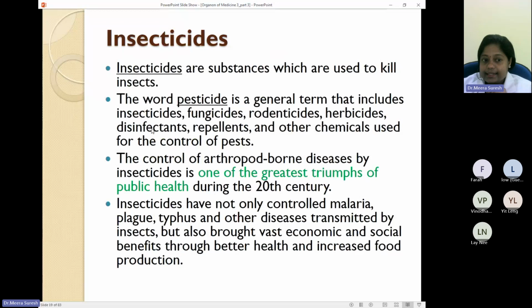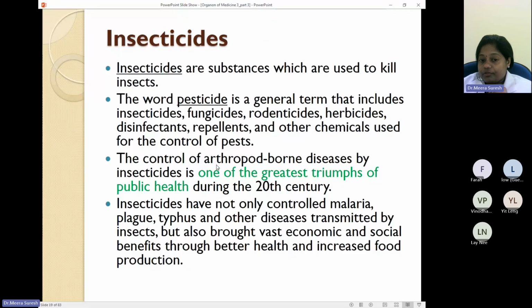If it is killing the insects, insecticides. If it is killing fungi, fungicides; rodents, rodenticides; herbs, herbicides; and disinfectants, repellents, and all the other chemicals used for the control of pests will come under the umbrella term pesticides. Insecticide is one of the branches within that umbrella term.